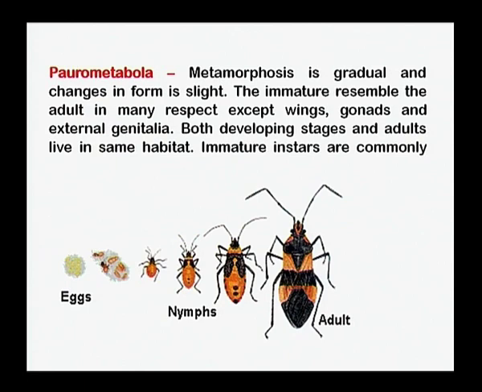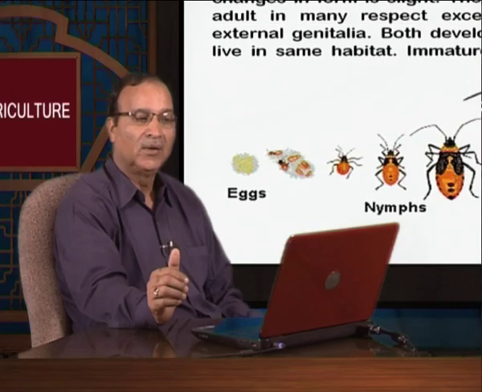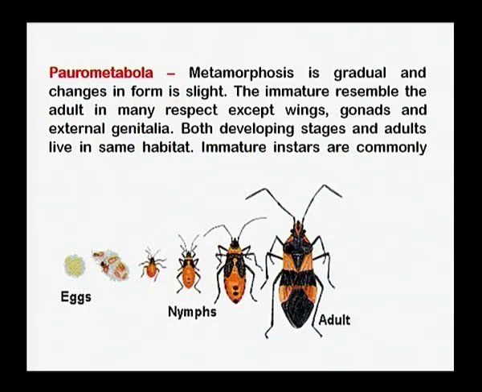The immature stages, that is the nymphal stage, resemble the adult in many respects, except wings, gonads and external genitalia. It means the wings, and the gonads, that is the reproductive organs, either the external genitalia or the internal reproductive system, are not very much developed in the immature stages.